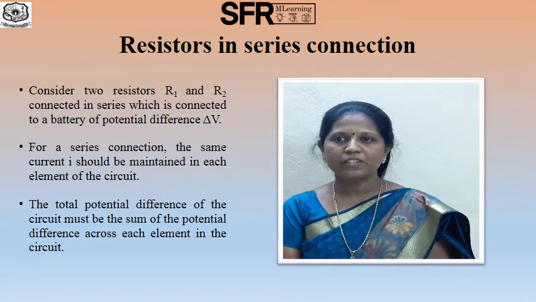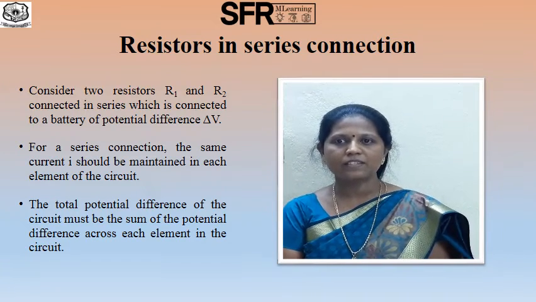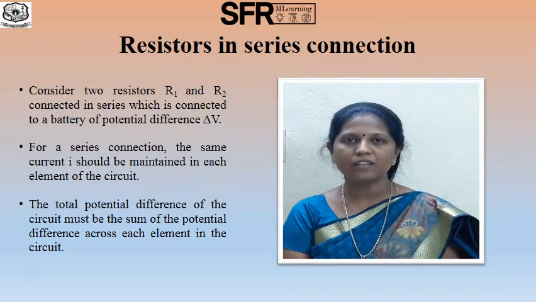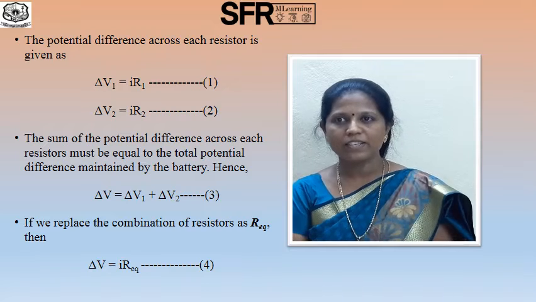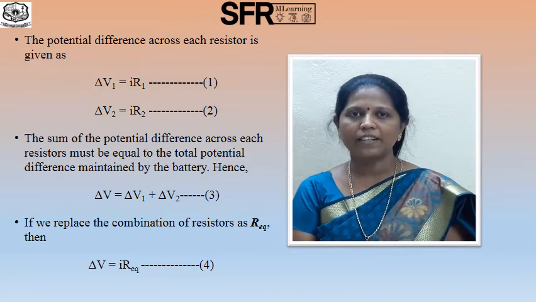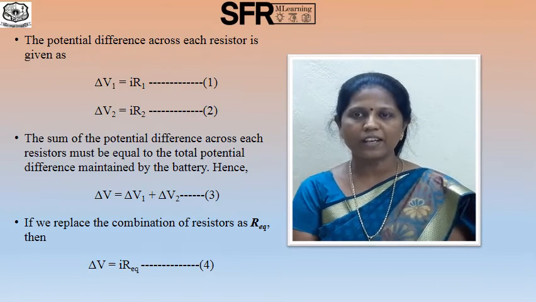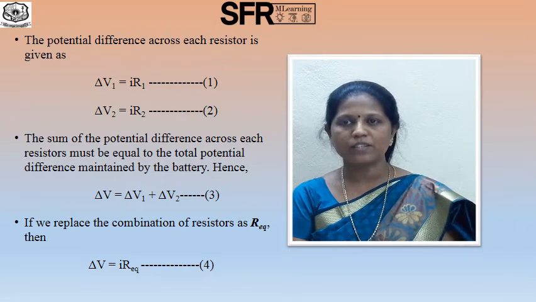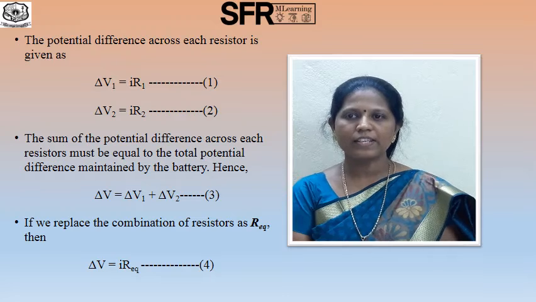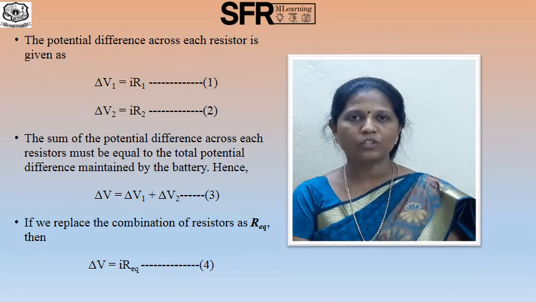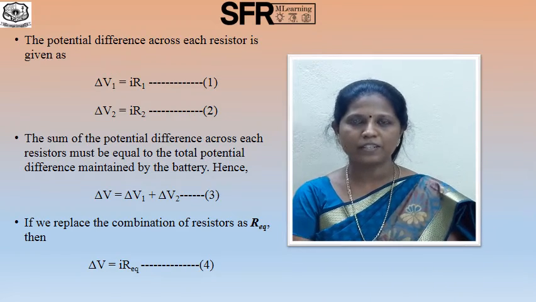The total potential difference of the circuit must be the sum of the potential differences across each element in the circuit. The potential difference across each resistor is given as ΔV1 equal to IR1 and ΔV2 equal to IR2. So the sum of the potential differences across each resistor must be equal to the total potential difference maintained by the battery.